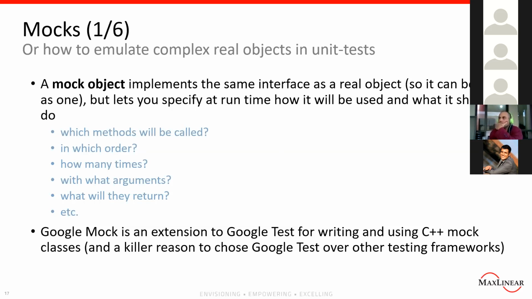This allows for testing corner cases like a timeout, a duplicated packet which is received, or no response, things that with real objects would be really difficult to test. For that, we use Google Mock, which is an extension to Google Test for writing and using C++ mock classes. Only this, the existence of Google Mock, is a clear reason to choose Google Test over other testing frameworks, in my opinion, at least.